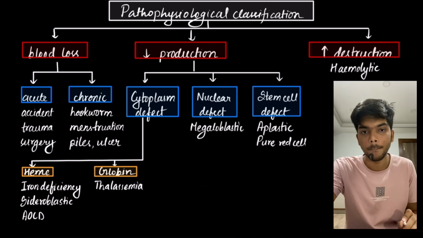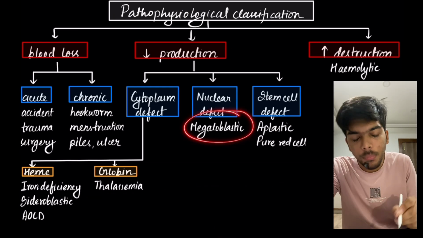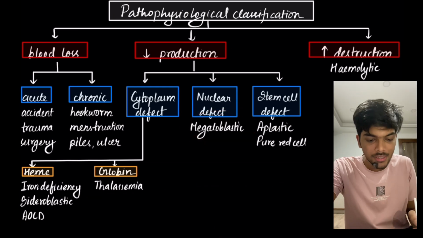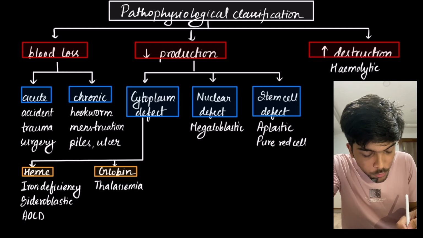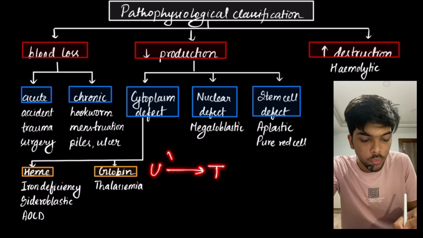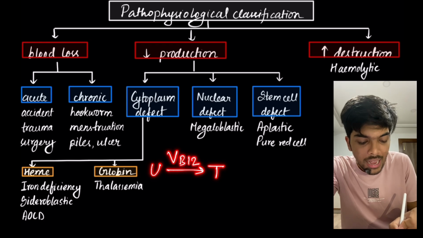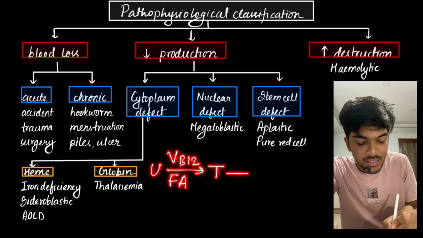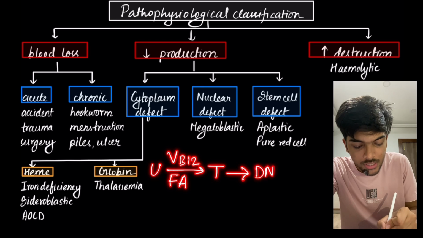Simple? Okay. Next we saw was megaloblastic anemia. In megaloblastic anemia, for the conversion of uracil containing molecule into thymine containing molecule, we require vitamin B12 as well as folic acid. And this thymine is then utilized for the formation of DNA.